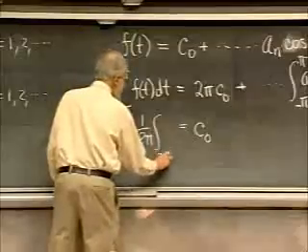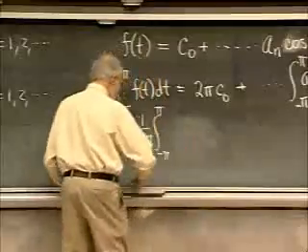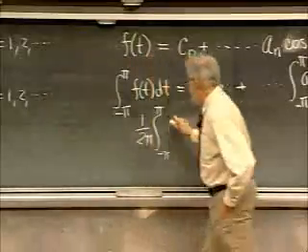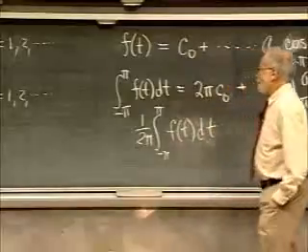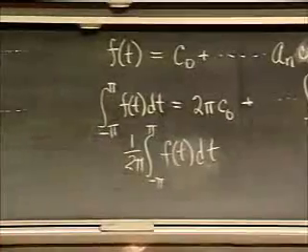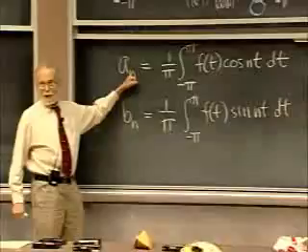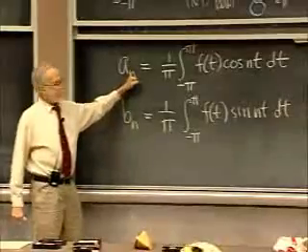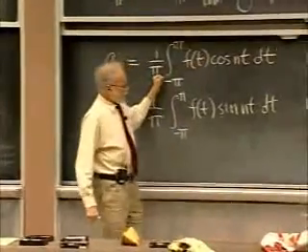Now, there are two kinds of people in the world. The ones who learn two separate formulas and the ones who just learn two separate notations. So what most people do is they say, look, I want this to be always the formula for a_0. That means even when n is 0, I want this to be the formula.